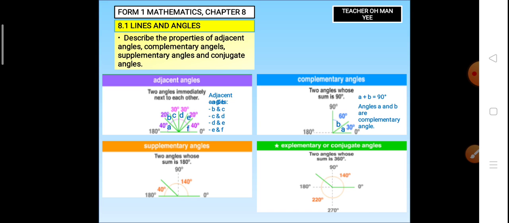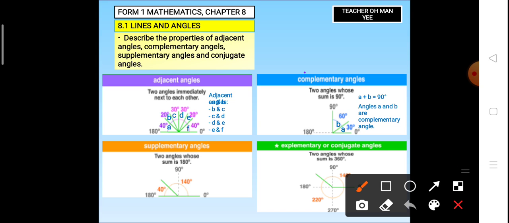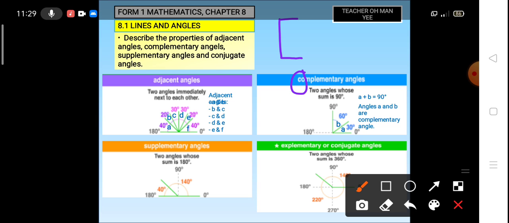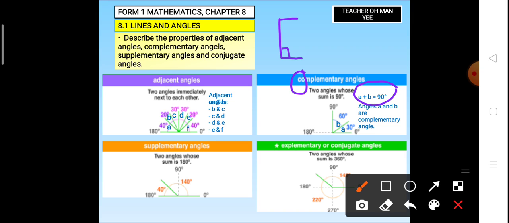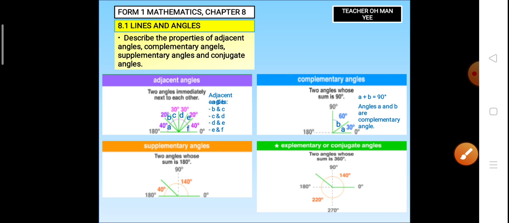Okay, so class, for me, I always do it like this. C, I will write my C like this. So here, I can form 90 degrees, which always reminds me that any two adjacent angles that add up to 90 degrees are complementary angles. Now we look at the next one, supplementary angles.